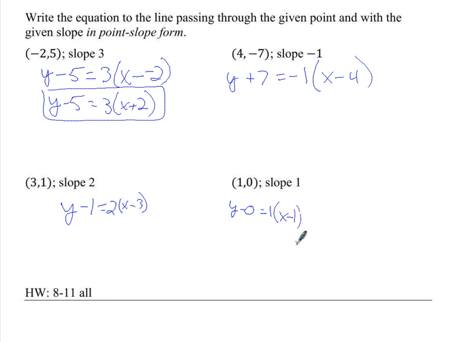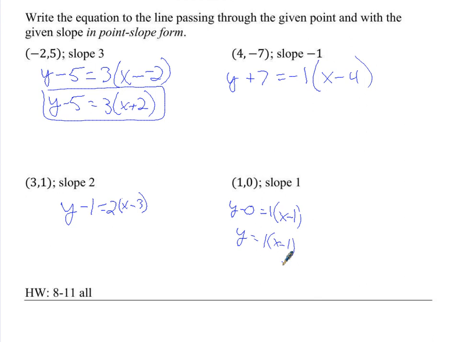Perfect. Now, what is y minus 0? It's just y. So I guess I could simplify that to y equals 1 times x minus 1 on that one. Yeah, that should look kind of familiar to you.